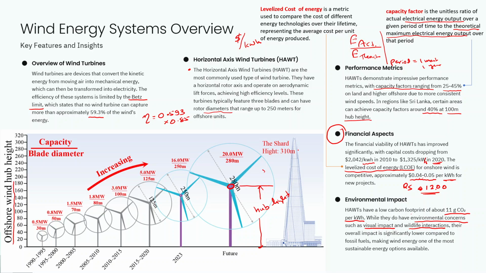So there are certain environmental concerns with wind turbines, but carbon-footprint-wise it is very low, and the overall impact is significantly lower compared to fossil fuels, making wind energy one of the most sustainable energy options available.